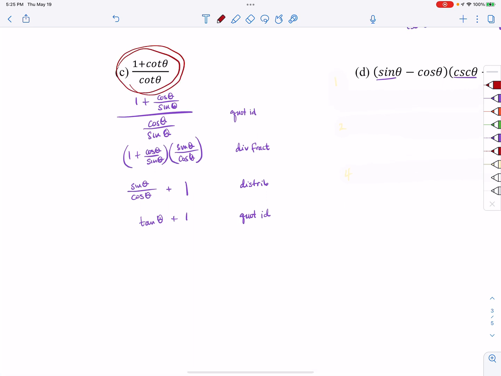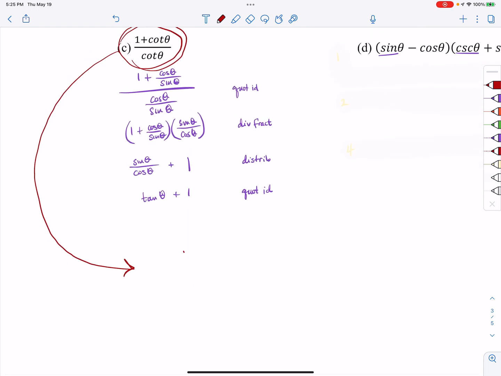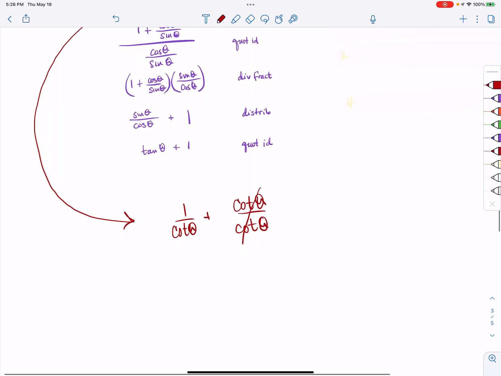So if I take this and I share that denominator, that's going to be a 1 over cotangent theta plus cotangent theta over cotangent theta. And so then you'll notice that the cotan over cotan gives me just a 1. And so this is going to be 1 over cotangent plus 1.